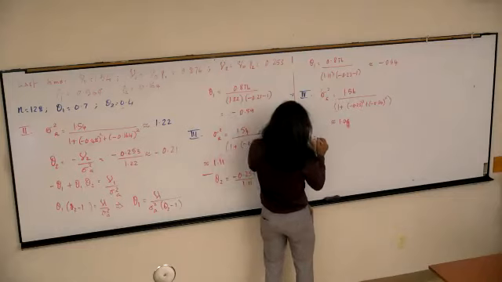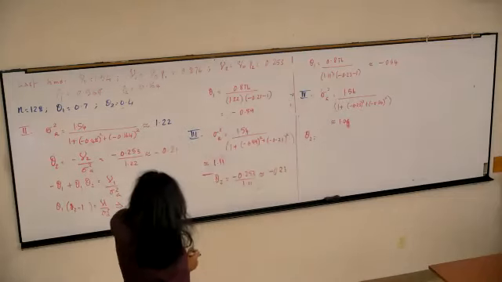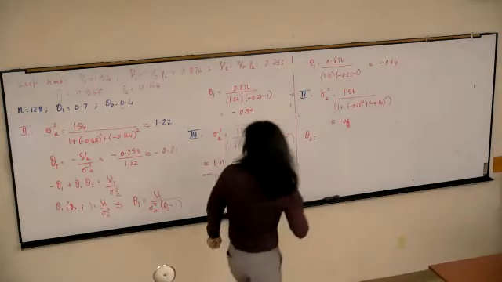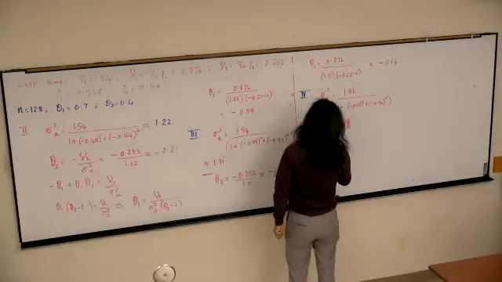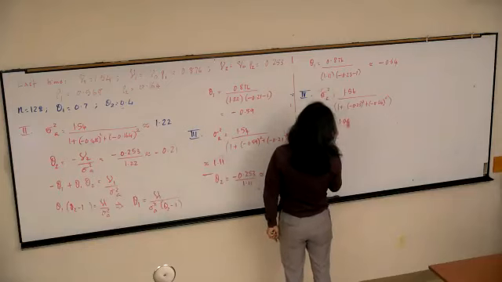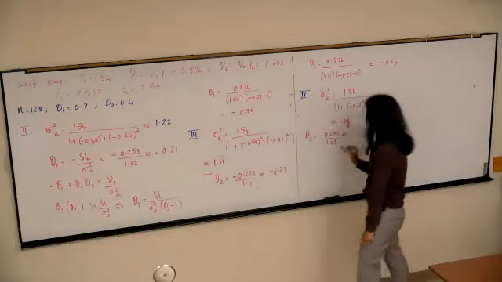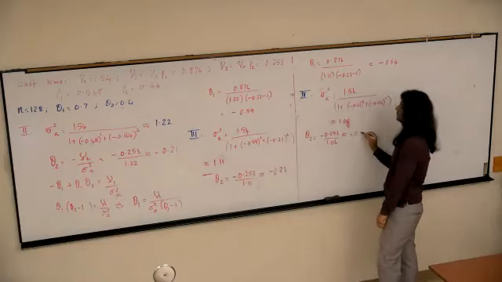Find theta 2, which is simply negative gamma 2, so negative 0.253, over the new sigma squared A, 1.06, which is approximately negative 0.24.